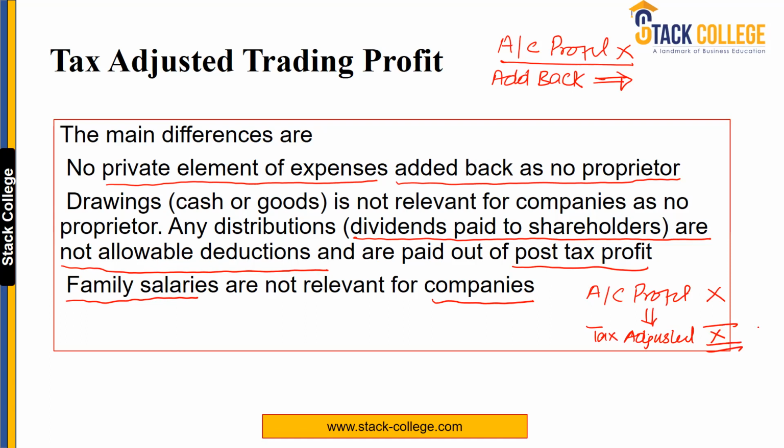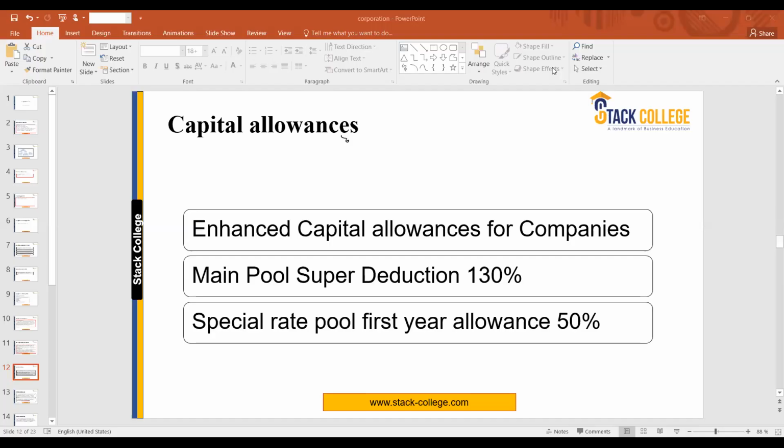And in order to find this out, we need to understand the capital allowances related to corporations as well. There are differences in capital allowances as compared to an individual business. In case of a corporation, there are some additional capital allowances provided. Now, we have studied from the income tax computation that capital allowances are available.